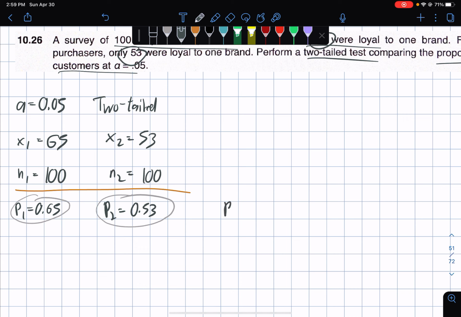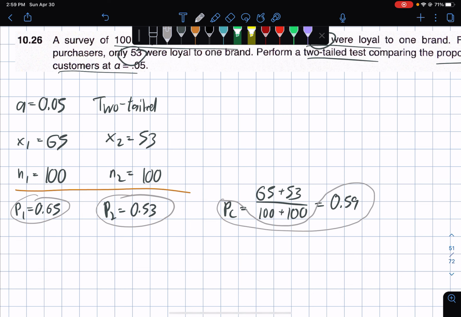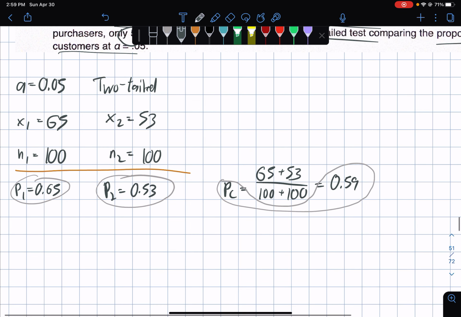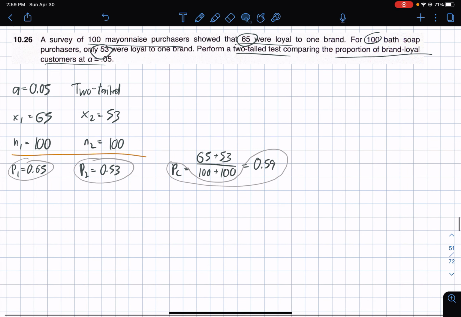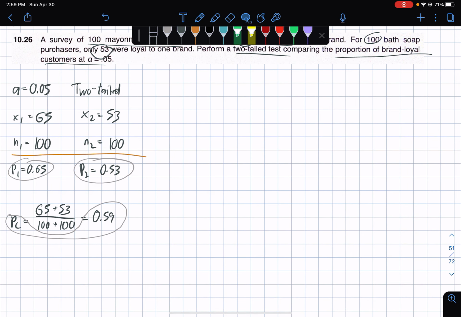And then we have PC. PC is equal to x1 plus x2 over n1 plus n2. That is 0.59. Okay, now we found the 3 values we need for the formula.